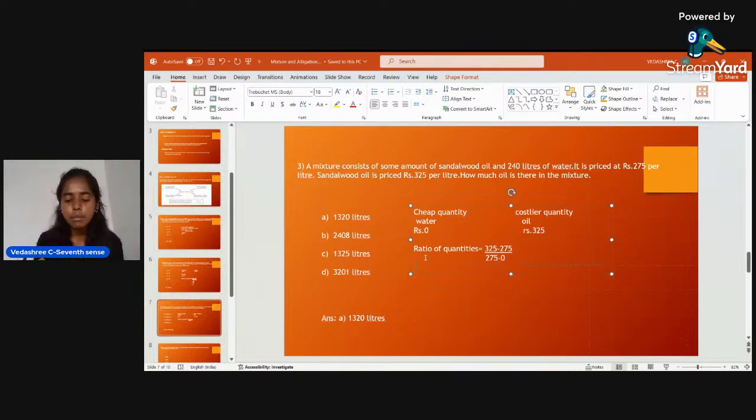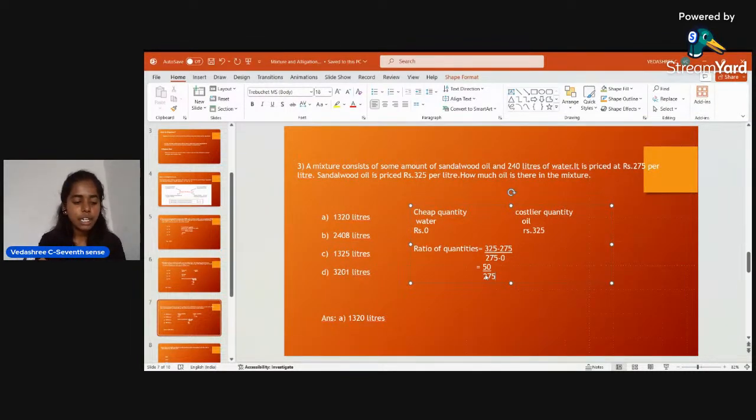So what will we get? 325 minus 275 is nothing but 50, divided by 275 minus 0, which is 275.